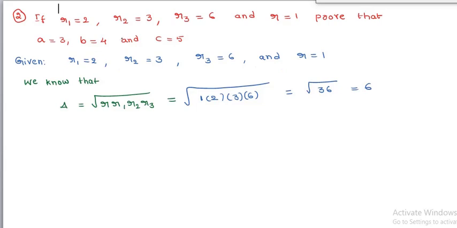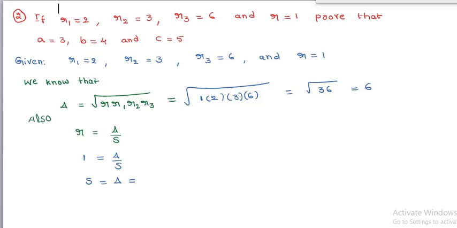So next, also the formula: r is equal to delta by s. Substitute the r value. r value is 1, so 1 equals delta by s. Cross multiplication: 1 into s, s is equal to delta.